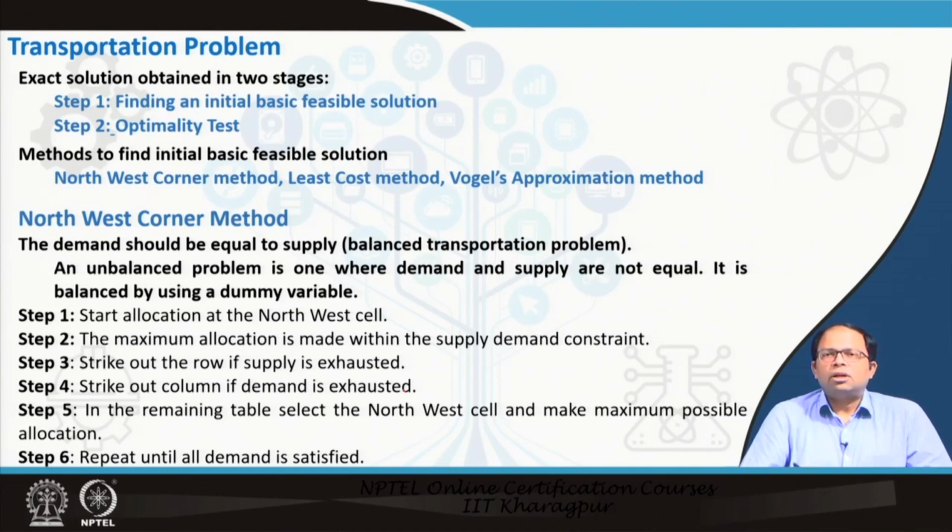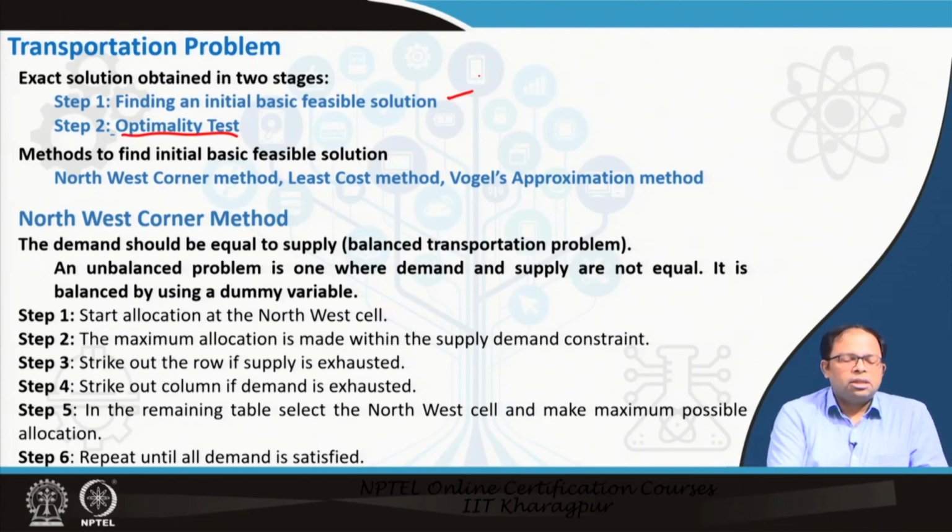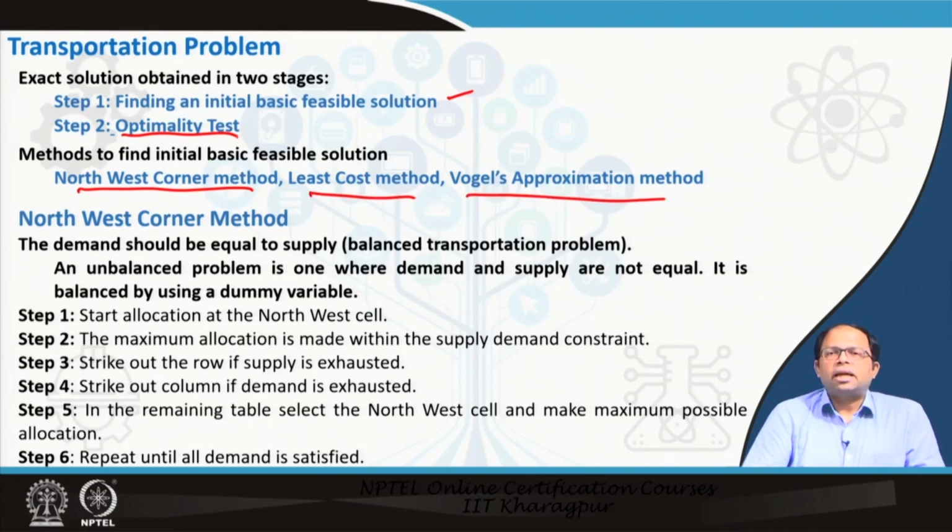So we start with a solution which is possible, and then by testing that solution and making adjustments to it, we can determine the final optimal solution through an optimality test. Now there are many methods actually, but three common methods to find the initial basic solution are the northwest corner method, least cost method, and Vogel's approximation method. Whereas the optimality test is carried out by using the UV method that we discussed earlier.